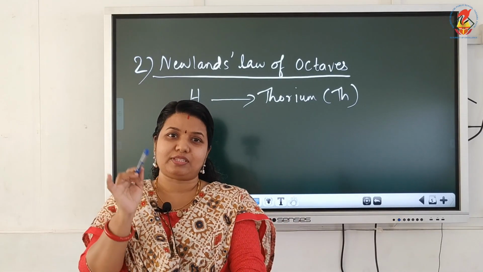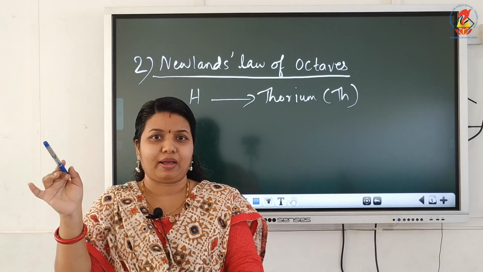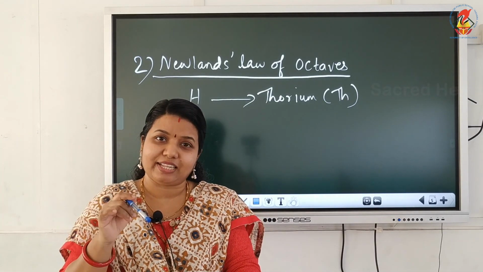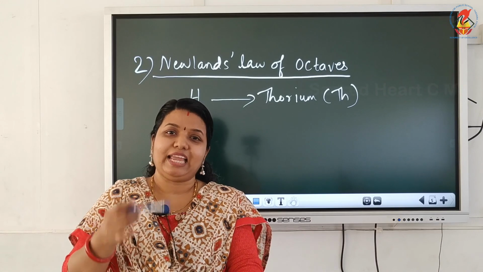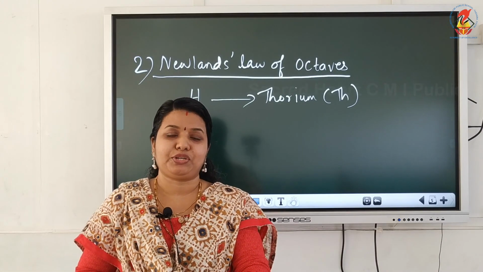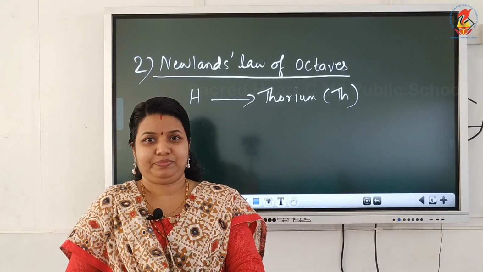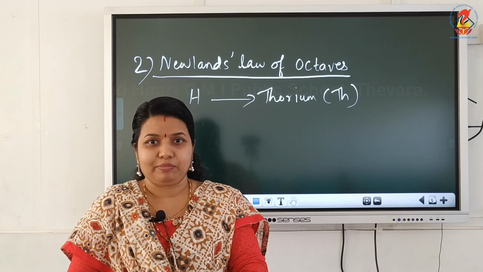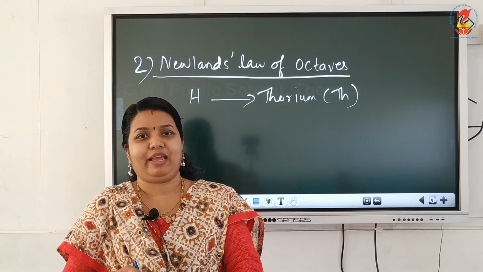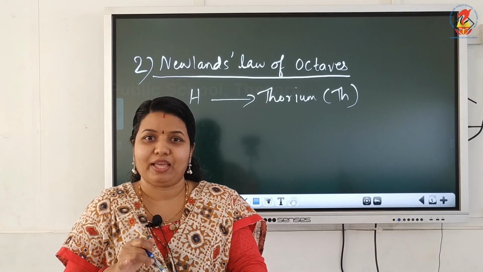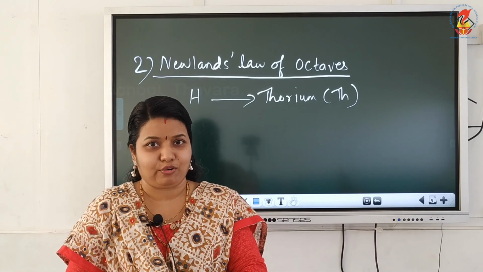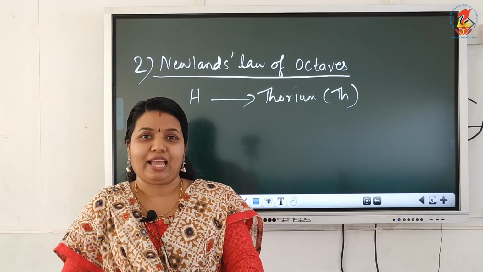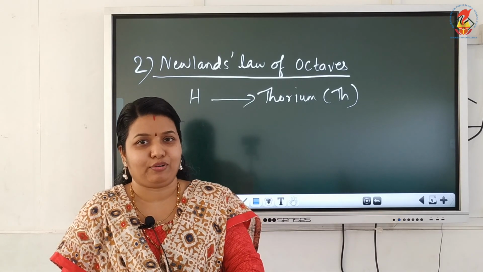In the Indian system, the notes are sa, ri, ga, ma, pa, da, ni. The seventh note is ni, and after that it is sa. The eighth note is actually a repetition of the first note. Similarly, every eighth element had properties similar to that of the first. That's why he called it octave, comparing this to the octaves found in music, and he called it Newlands' Law of Octaves.